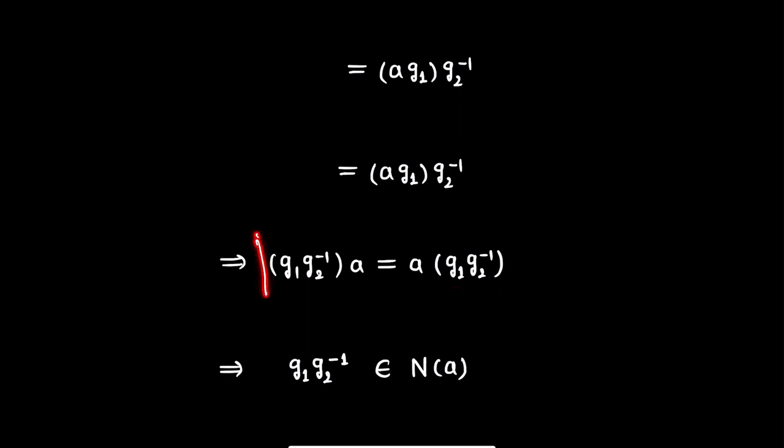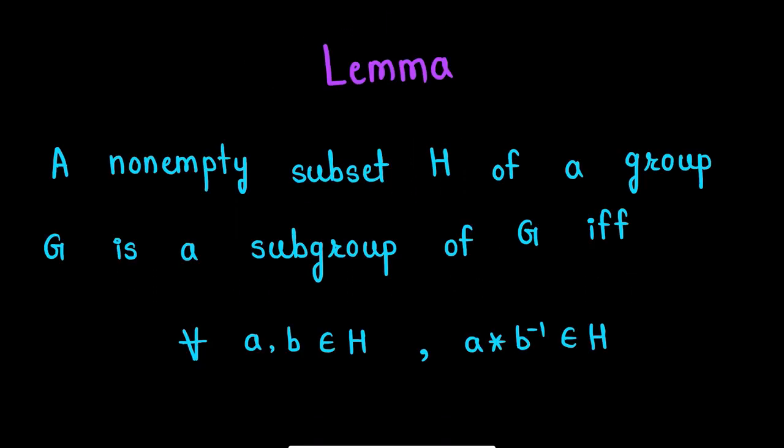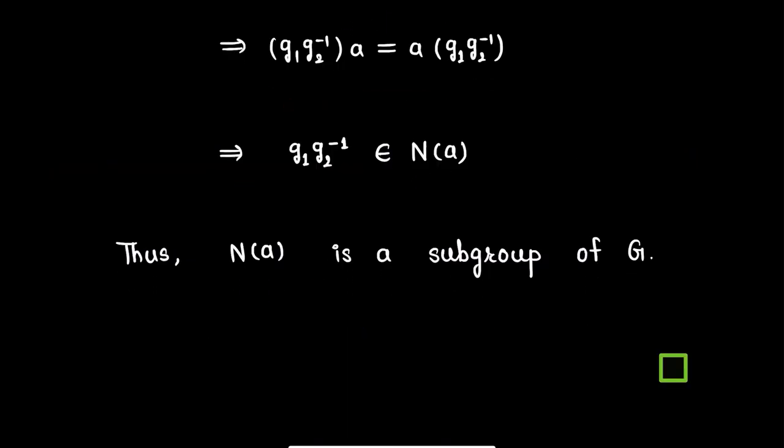Thus, finally we get g1 g2 inverse a is the same as a g1 g2 inverse, that is, g1 g2 inverse commutes with a. And this shows that g1 g2 inverse will be a member of the normalizer of a. And by this lemma, we have the normalizer of a is a subgroup of G, and this proves our result.